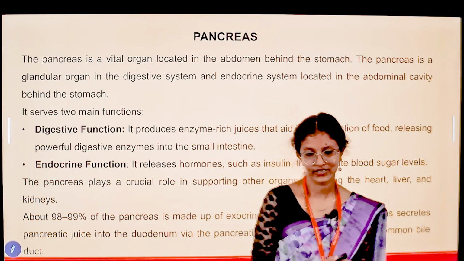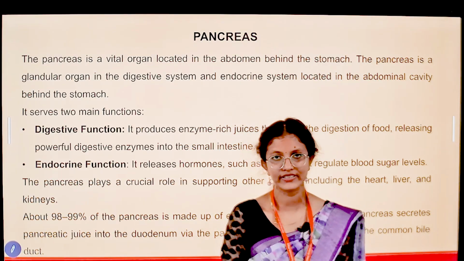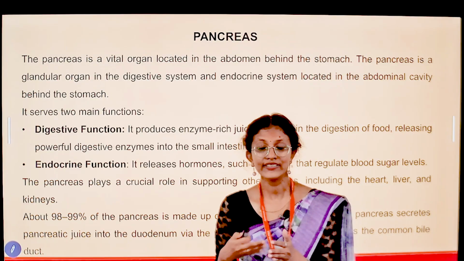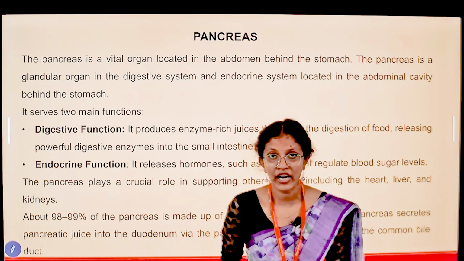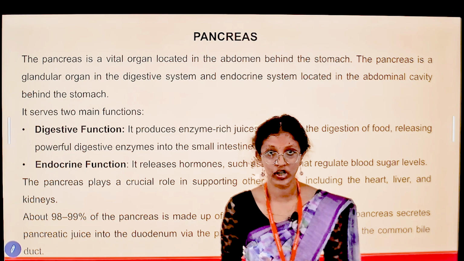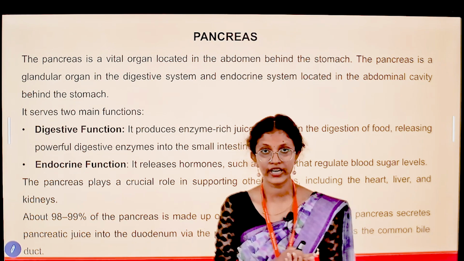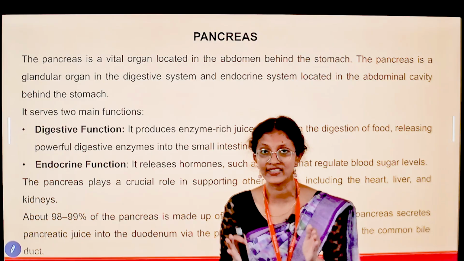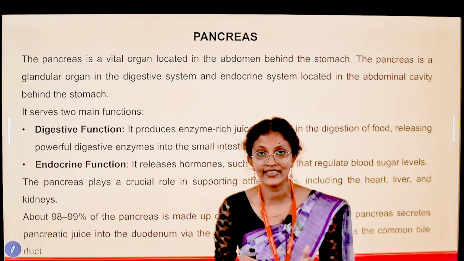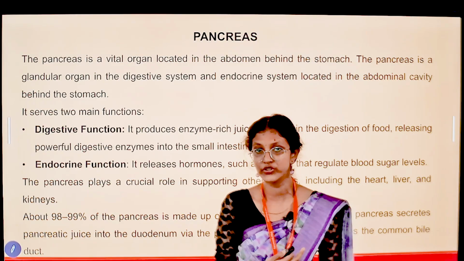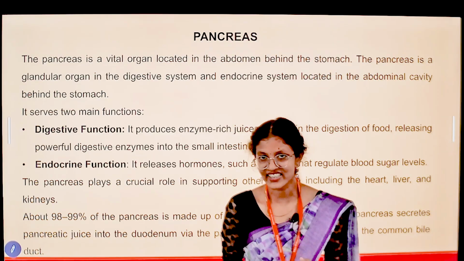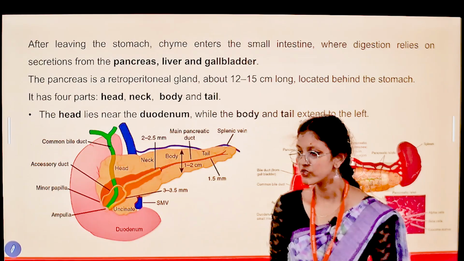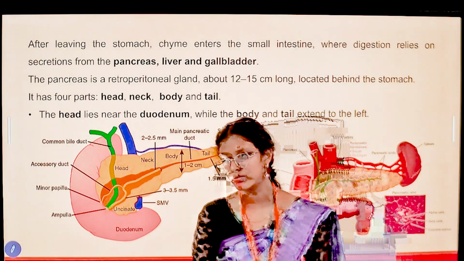In the endocrine system, as you might have studied, it helps with the secretion of insulin, somatostatin and glucagon. In the exocrine function in the digestive system, 99% are acinar cells. These acinar cells secrete juices which help with digestion. Here you can see the structure of the pancreas.